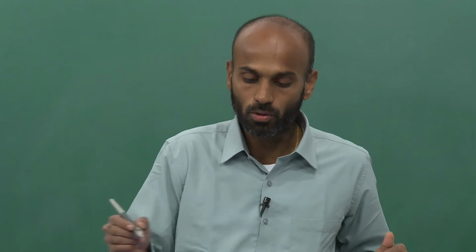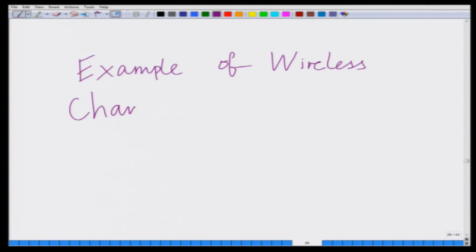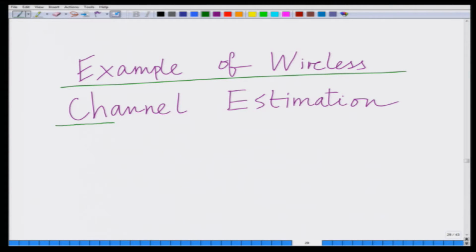process better. Alright. So, today let us look at a simple example for wireless channel estimation, which is the process whereby you compute the estimation of the wireless channel coefficient.